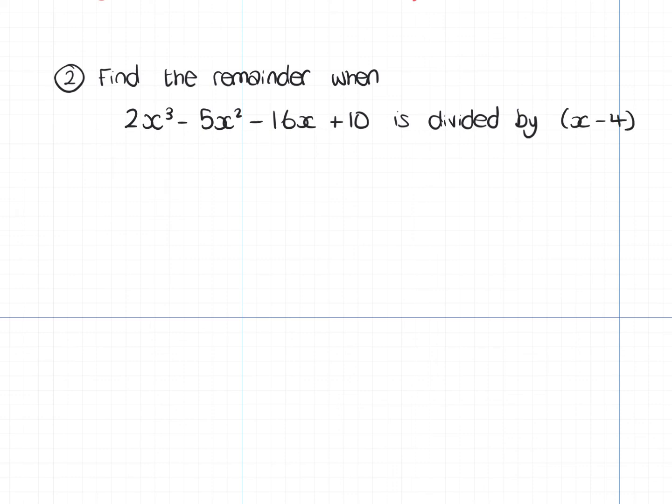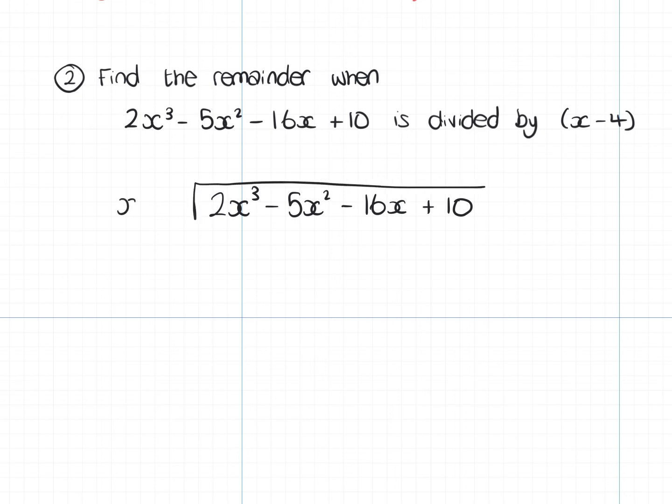So let's start that with our long division, or bus stop. 2x cubed minus 5x squared minus 16x plus 10, and I'm dividing by x minus 4.